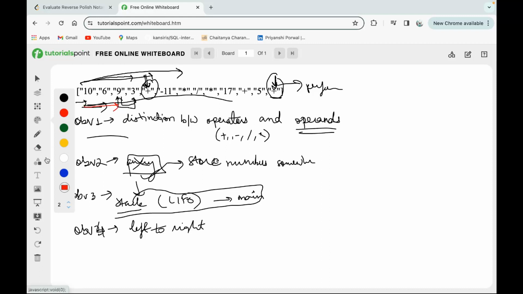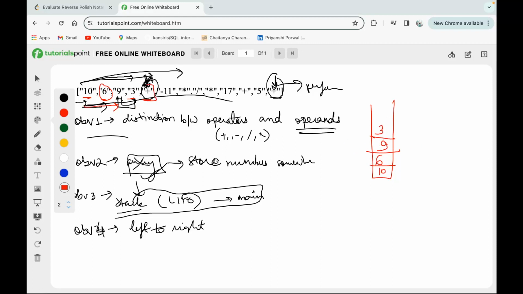I hope that's visible. So we come to 10. We will make our stack, and right now the stack was empty and we put 10 here. Then we see the next item inside of this array is 6. That is a number. So put it here. Then we see there is a 9. Put it inside of the stack. Then go ahead and we come to 3. It is a number. Put it inside of the stack.